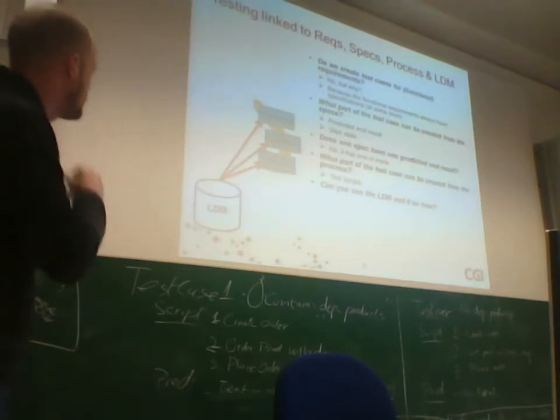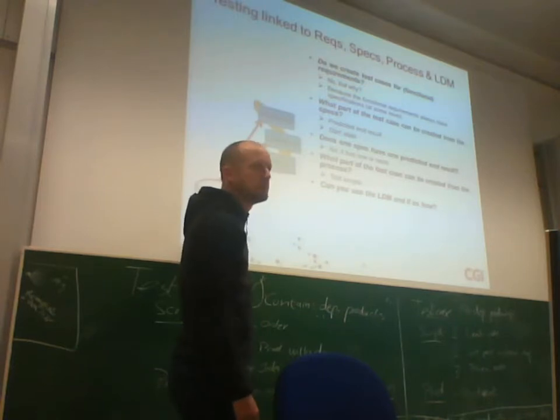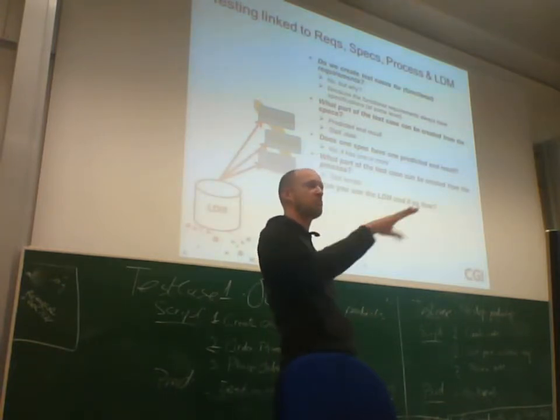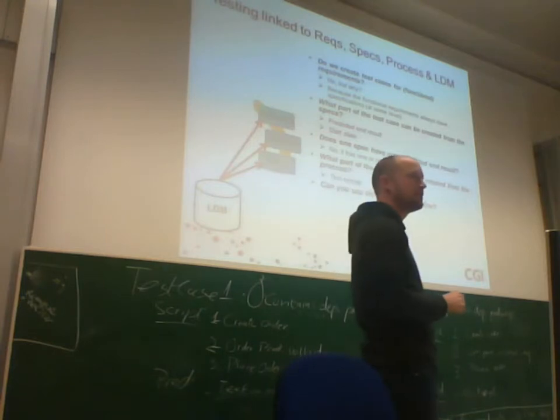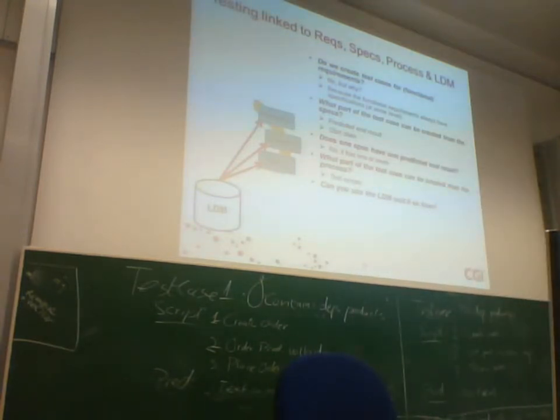Now, how does the logical data model come into all this? Why do you need that? What do you need the logical data model for? The logical data model describes the information in terms of entities, their attributes and their relationships. I would say start state.